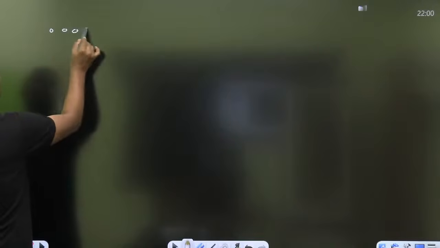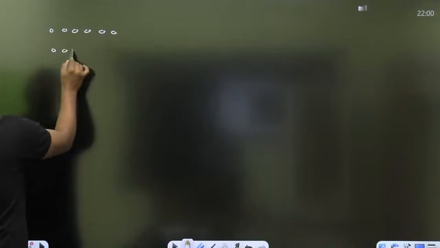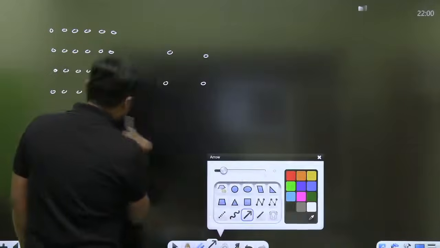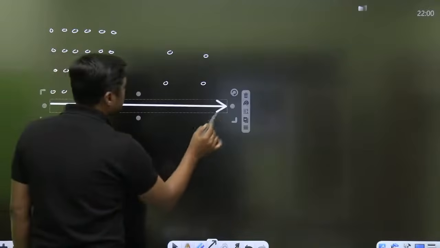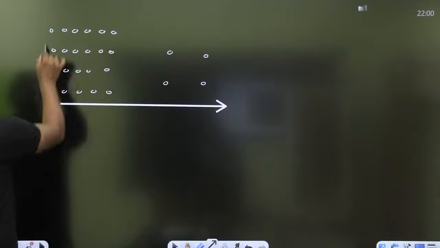Suppose this is the whole concentration, here the concentration is very high, here the concentration is low, then what will happen? This is the positive x direction, and that is the y-axis.